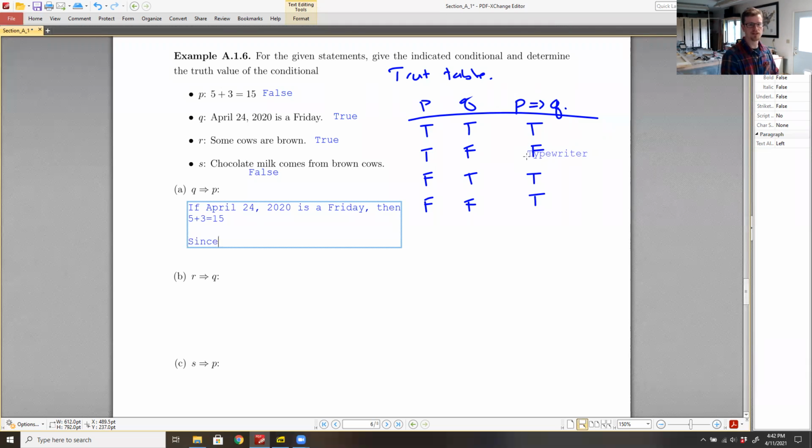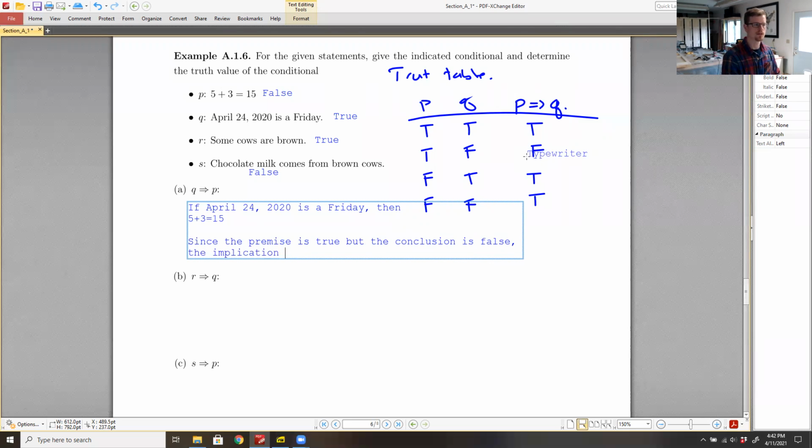So in this case, since the premise is true, but the conclusion is false, I'll say the implication is false. All right.